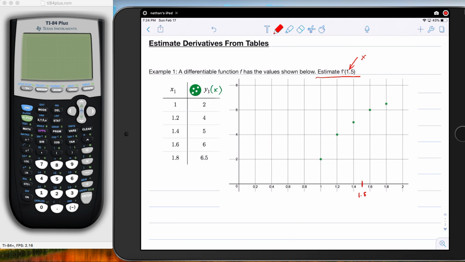Just to remind us, f prime, the derivative, represents the slope of the tangent line, or the instantaneous slope of f. So this function is f, and how could we estimate a derivative at this 1.5 moment? So in between here, how could we estimate the derivative?